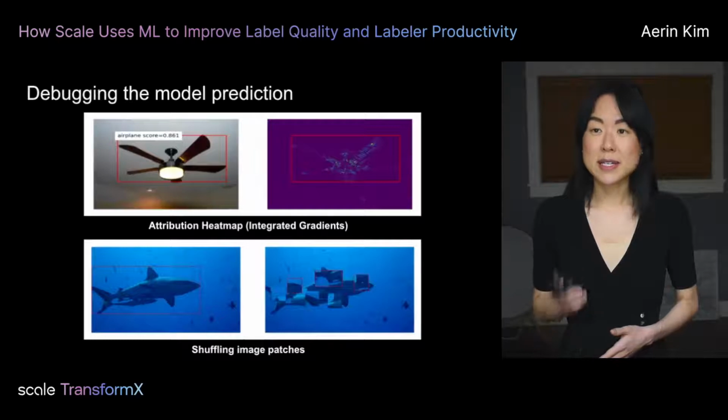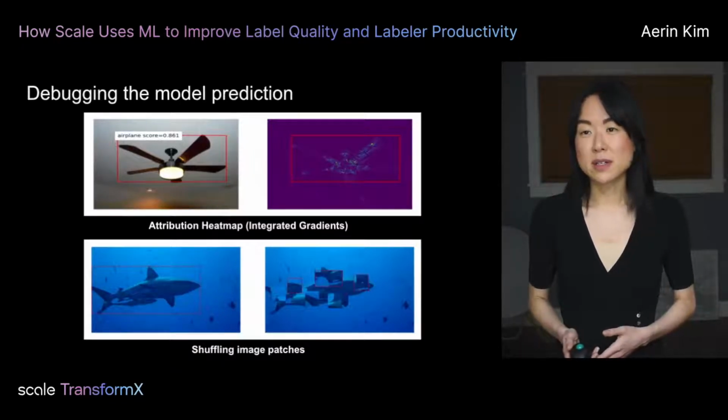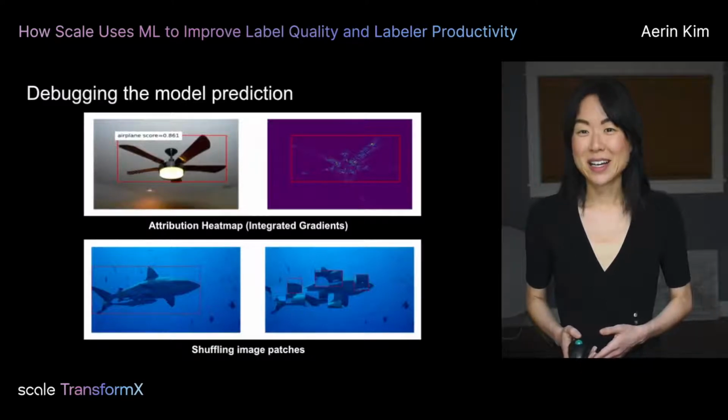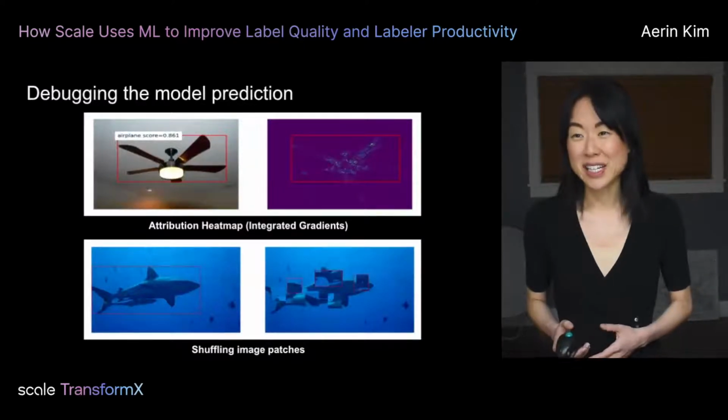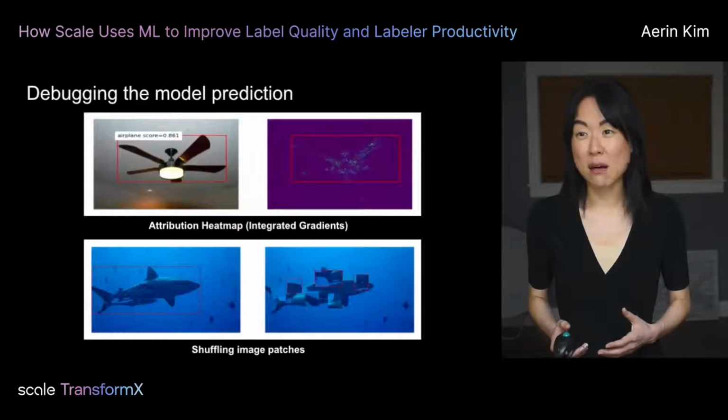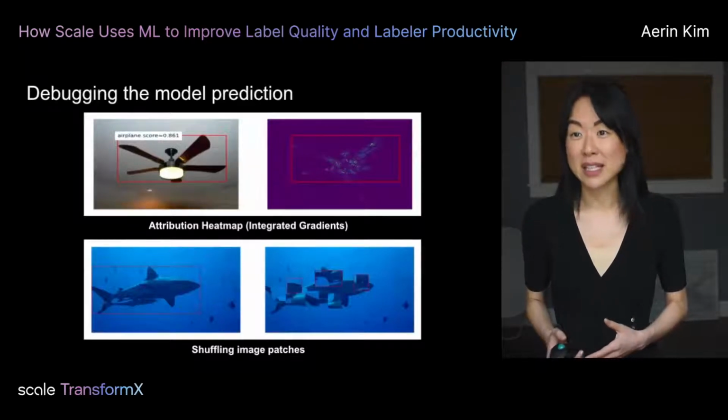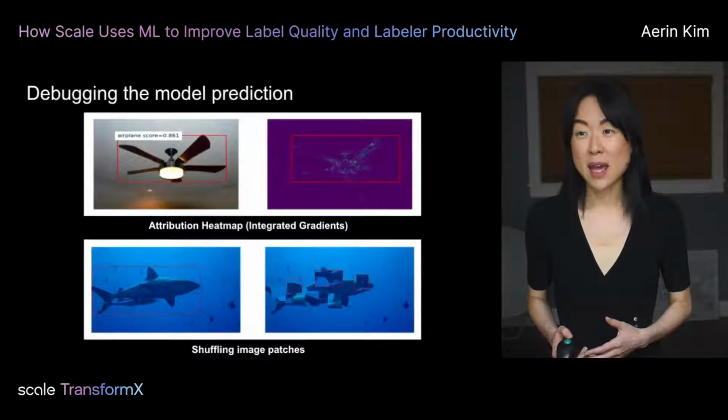So if you look at this image, this fan, the model is pretty sure that this is an airplane. If you look at the integrated gradients, the model doesn't really pay attention to the light in the center, but it pays a lot of attention to the blades of the fan and very little attention to the background context.